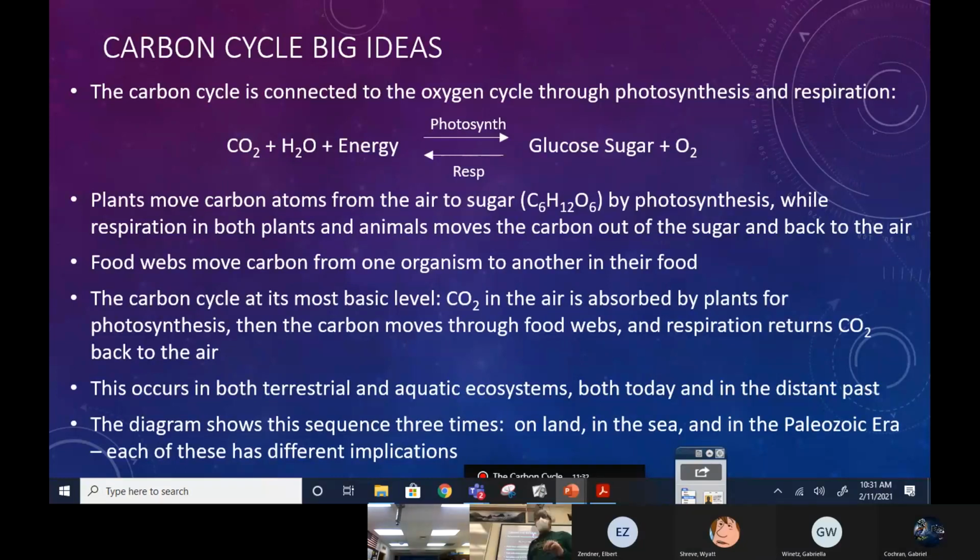So for your respiration equation, it's the same as photosynthesis, but it's a mirror image. It should say glucose sugar plus oxygen yields carbon dioxide plus water plus energy. You just flip them around. One equation is the opposite of the other.